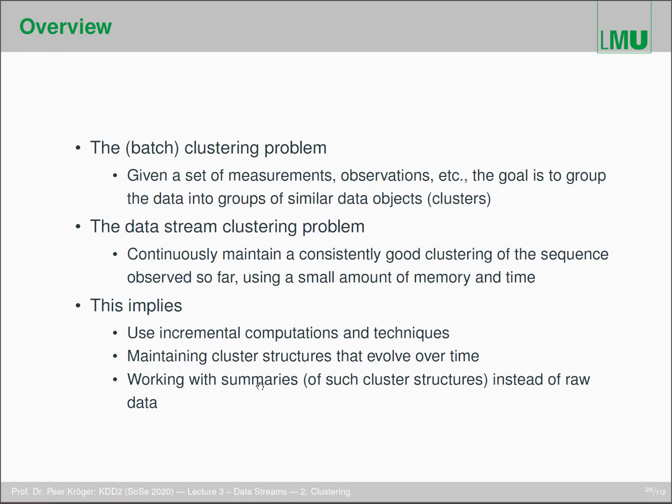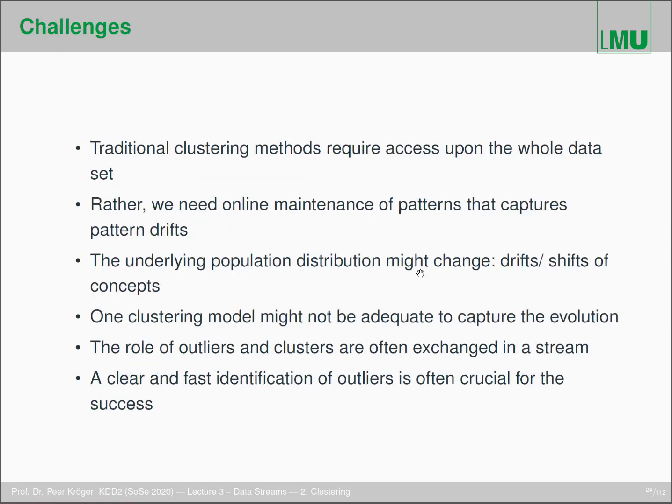So we typically work with summaries, and we will see that in all of the examples we will have a look at on the next slides, that all those work with summaries of cluster structures instead of working with the raw data. And the point is, since we have this one look, one shot thing, that points or objects coming in through the stream have to be processed in the context of those summaries, whatever that means. We will see that, as I said, right in a minute.